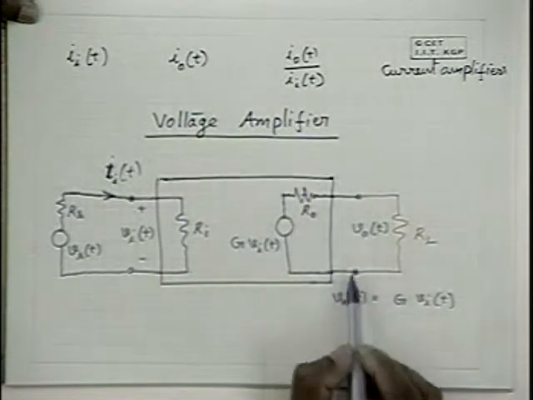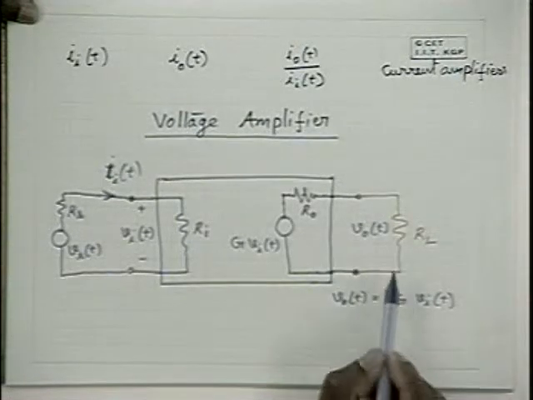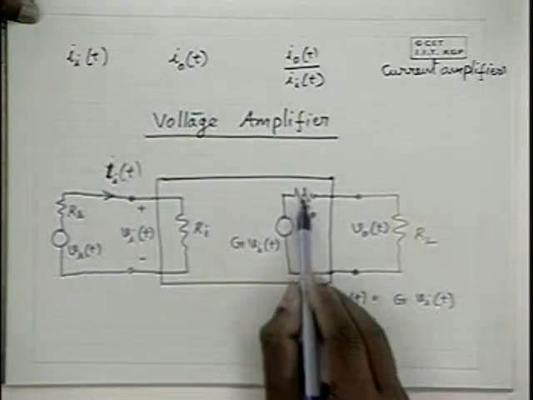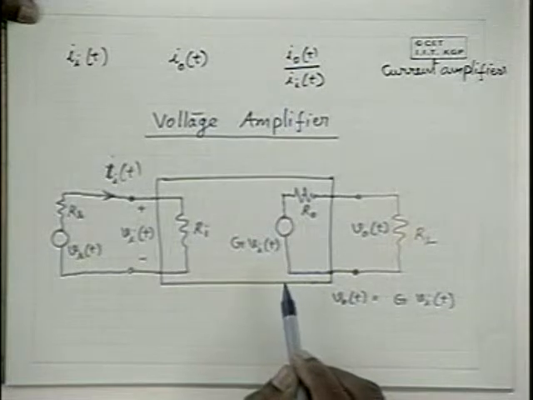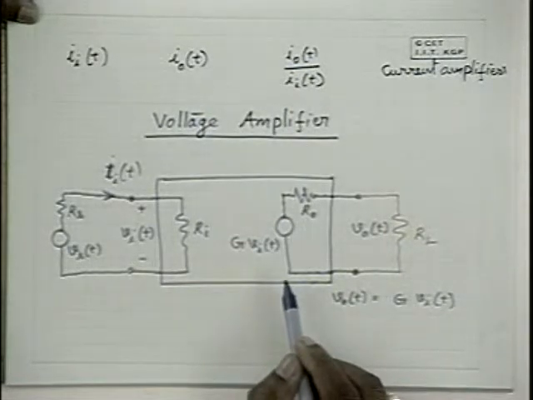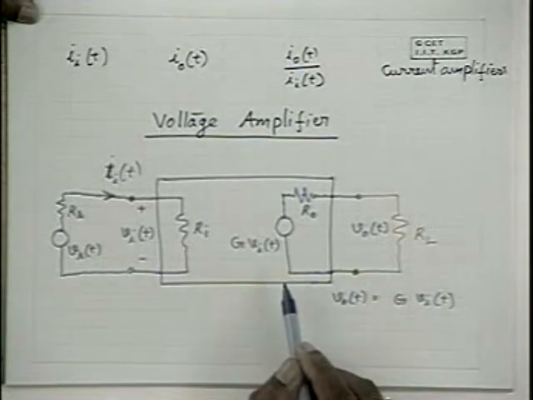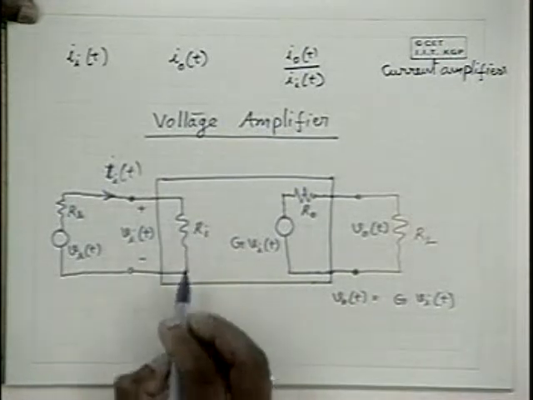That voltage changes with load resistance, which means it exhibits some output impedance.